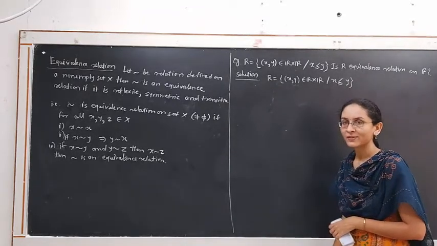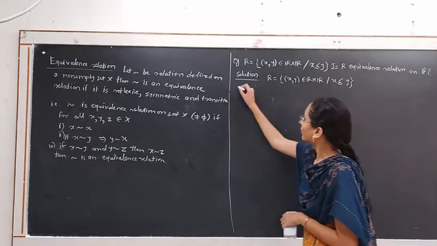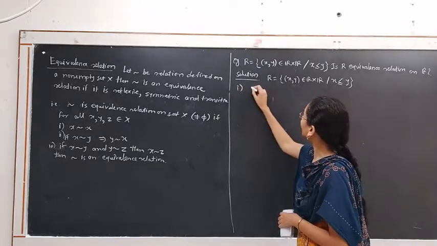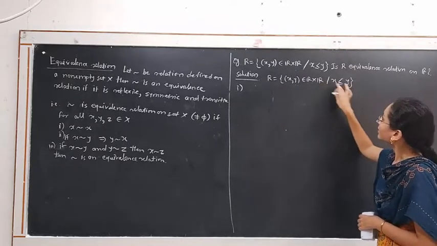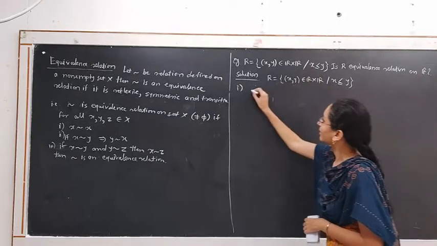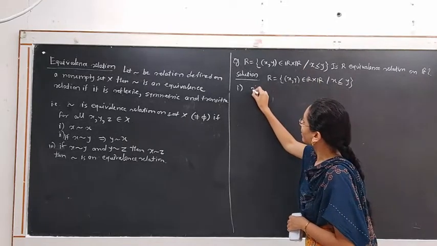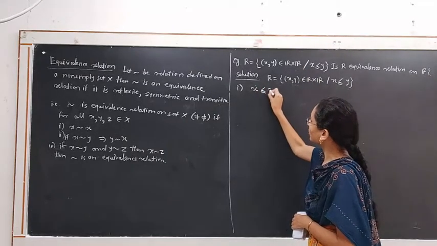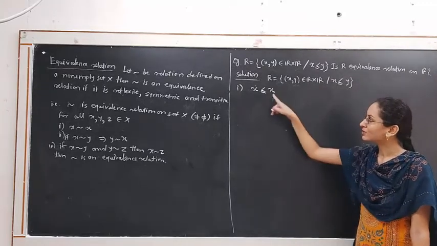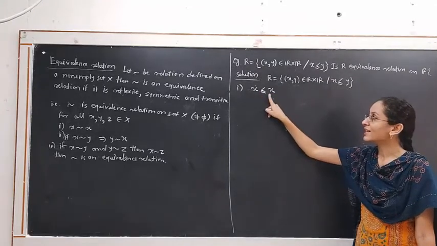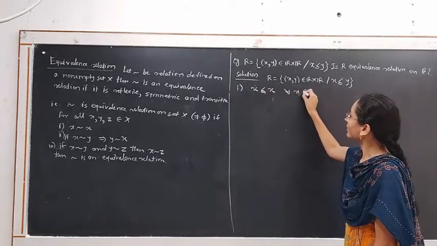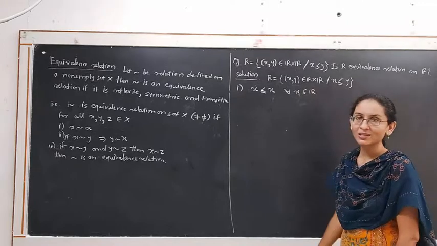First we check whether it is reflexive or not. In first case, if we consider element x as a real number, we have x less than or equal to x. Any real number is less than or equal to the same real number. X is less than or equal to x for all x belongs to the set of real numbers.